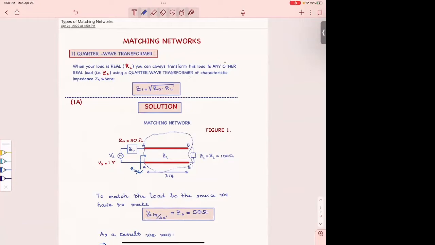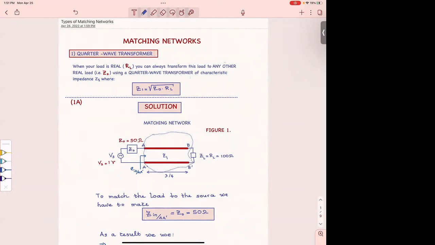So what is it that we have learned about matching networks? First of all, the first thing we've learned was the quarter wave transformer. But you need to remember the quarter wave transformer works when you have a real load and you want to transform it to another real value.